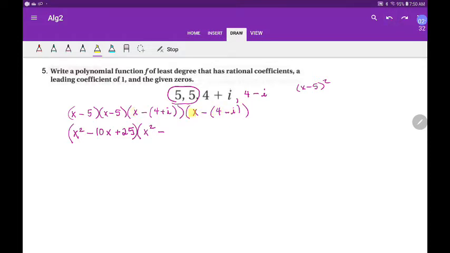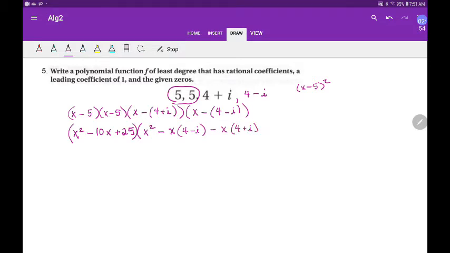And then when I multiply these two together, I'm also going to get a negative, but the inside is different, so I can't combine them. I wanted to, but I can't. So x times the outside first is 4 minus i. And then I'm also going to get minus x times 4 plus i.